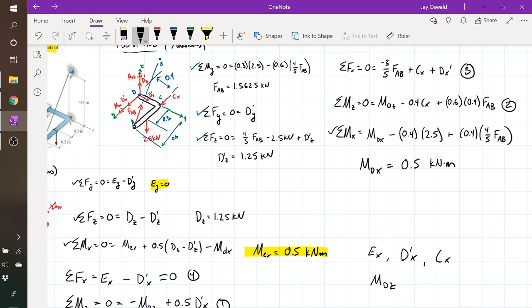So if I substitute everywhere I have an MDZ, I just replace it with 0.5 D prime X. Actually, I want to get rid of the D prime X's because that's not something that's asked for. So I can put an MDZ where I have a D prime X. So I could probably pretty quickly make it 2 equations and 2 unknowns.